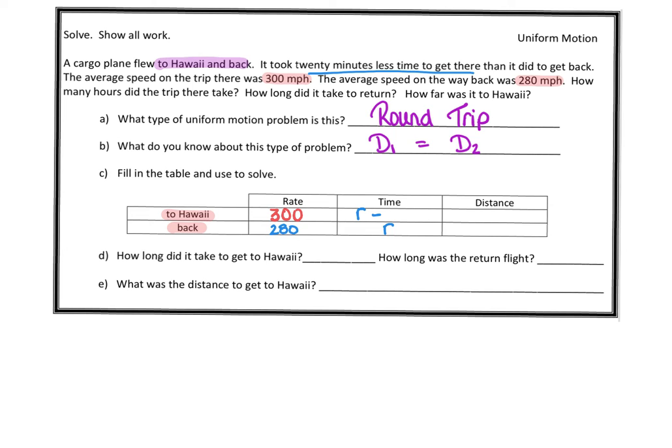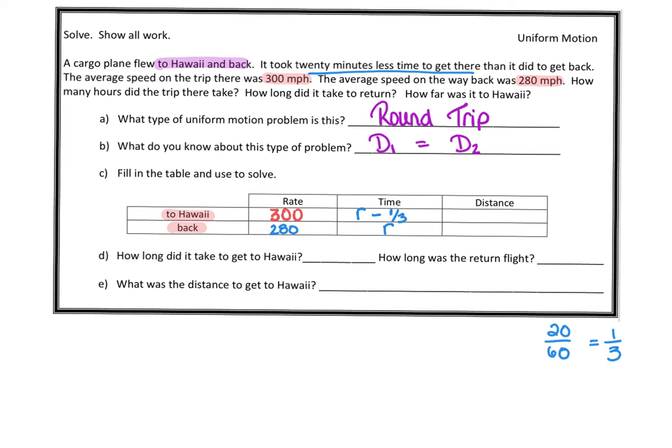How many minutes are in an hour? So I have 20 out of 60 minutes. So it is 1/3. Does everybody see that? It's going to be 1/3, all right? So I'm going to say my rate going back minus 1/3 of an hour. 20 minutes is 1/3 of an hour. You will not want to use a decimal here.